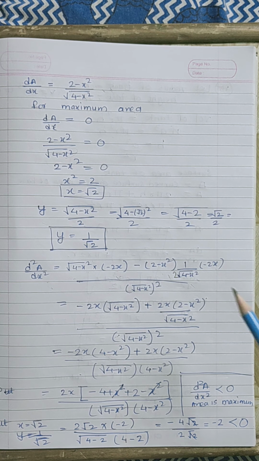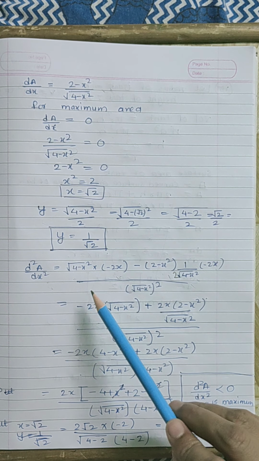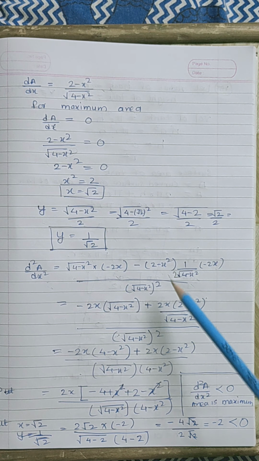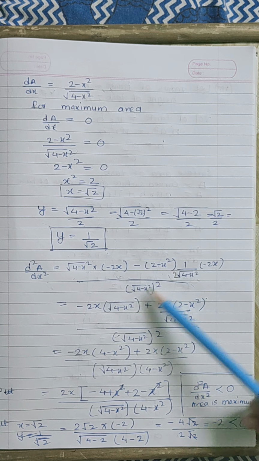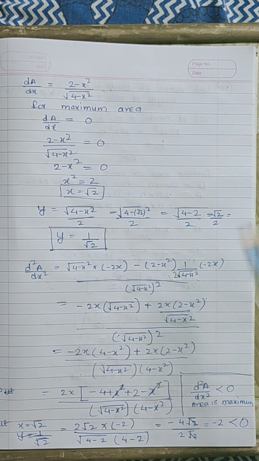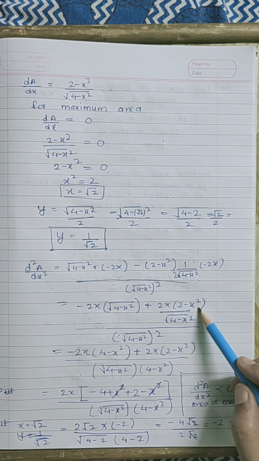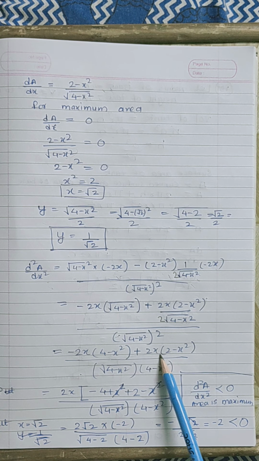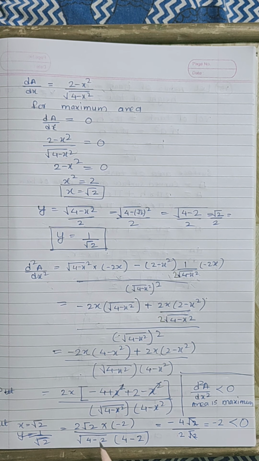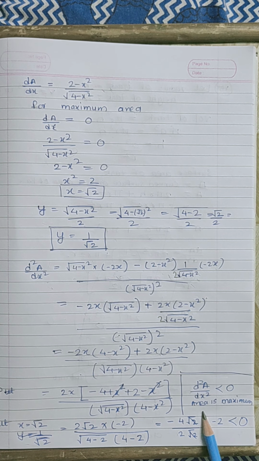Then again, now simplify it, do cross multiplication, and you will get the value of d2A by dx square, which comes to minus 2, which is less than 0, and when it is minus 2, which is less than 0, it means your area is maximum.